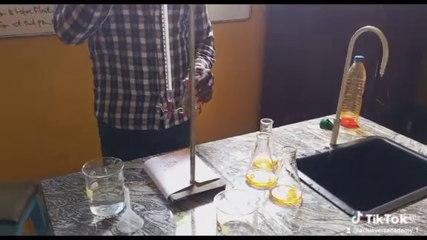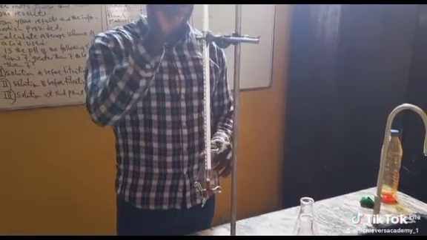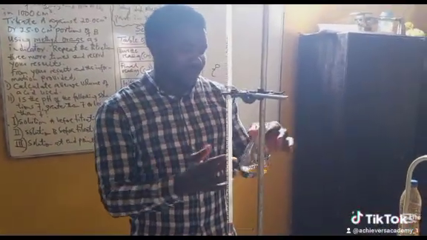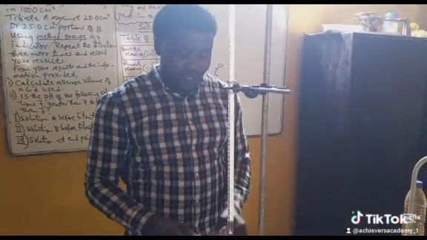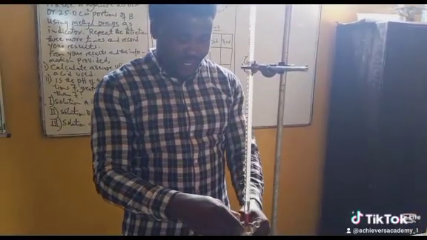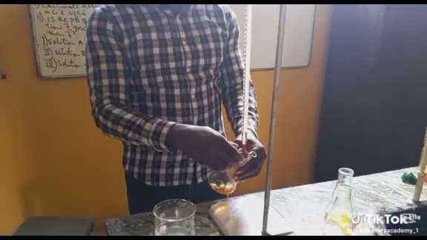Your eyes are not supposed to be here. The only time you come here is when you want to take your reading, after the neutralization has taken place. Now you take it drop by drop. After every drop you shake.